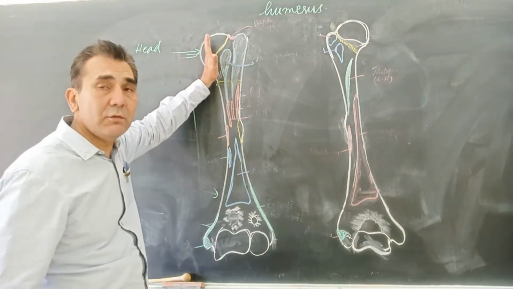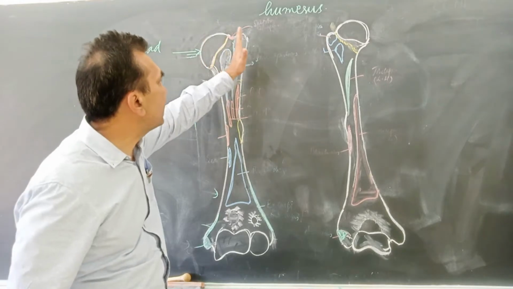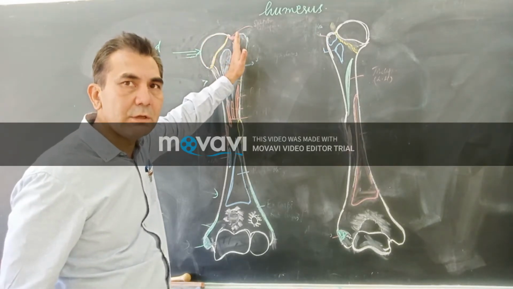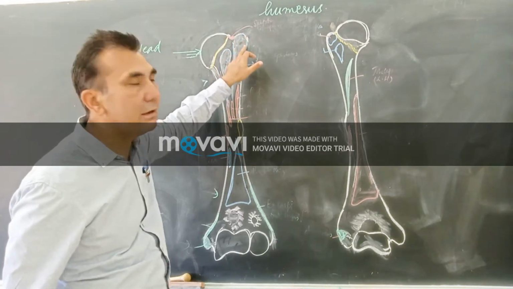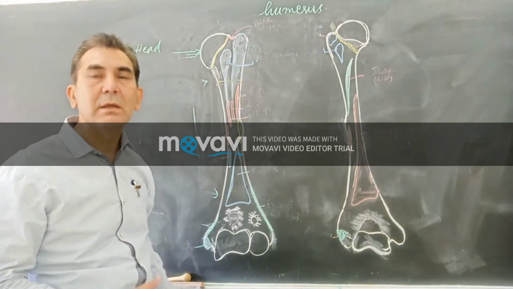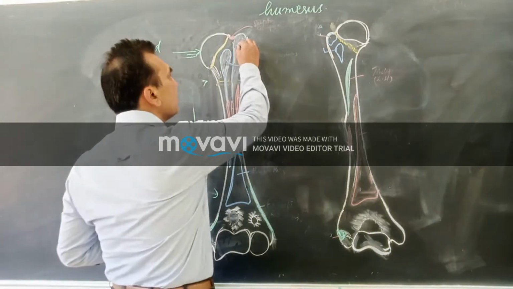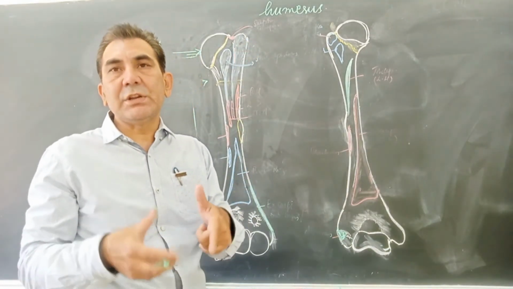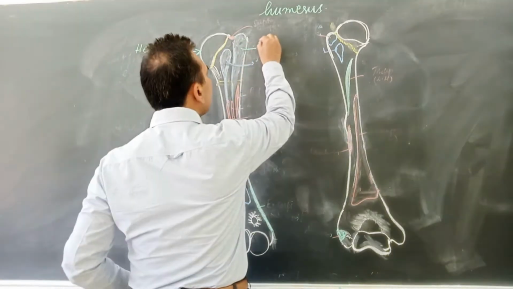Now at the lateral side of the head of the humerus, you see a tuberosity, which is larger in structure and is called the greater tuberosity.